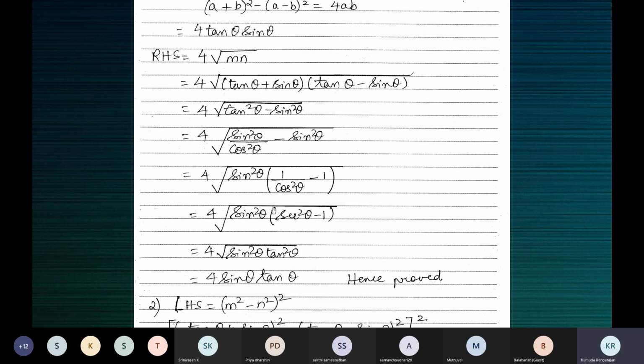So we get 4 root of sin square theta into tan square theta. It's like root of a square b square, which is ab. Root of sin square theta tan square theta is sin theta tan theta, which is 4 sin theta tan theta, which is the same as what we got in the LHS when we worked the LHS.